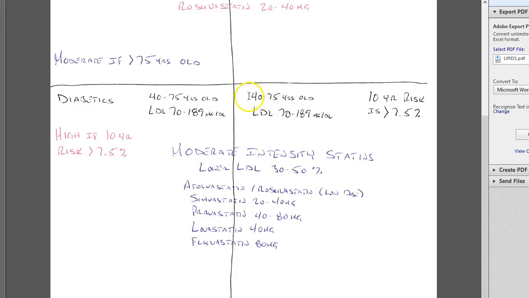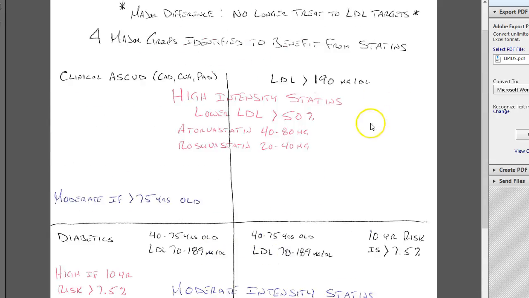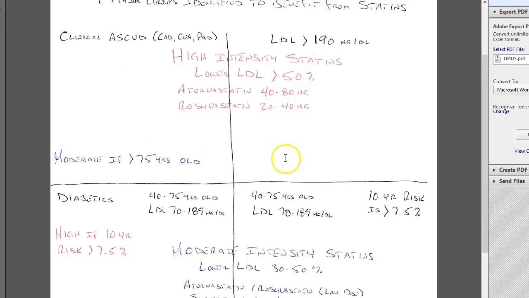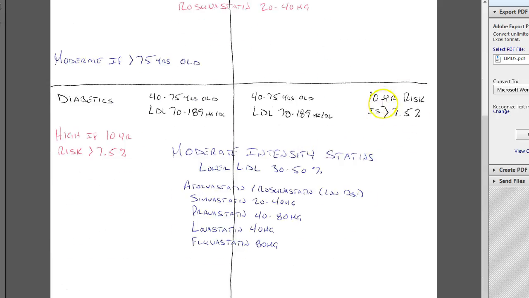Or any non-diabetic patient who's 40 to 75, same LDL of 70 to 189, but they have a 10-year risk of developing ASCVD, using that calculator we talked about before, the Framingham score, that is greater than 7.5%. So these 2 groups get started on moderate intensity statins.